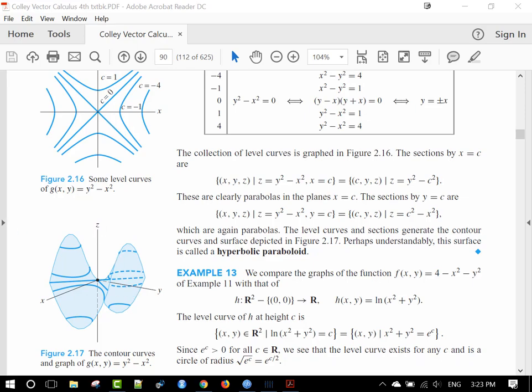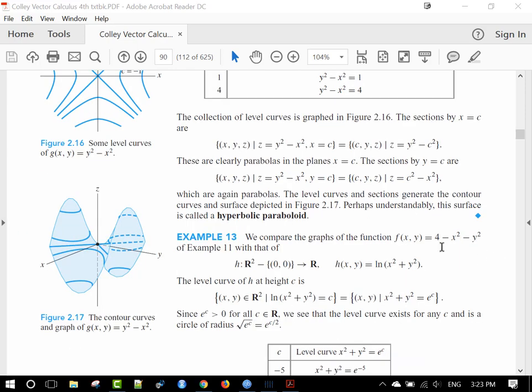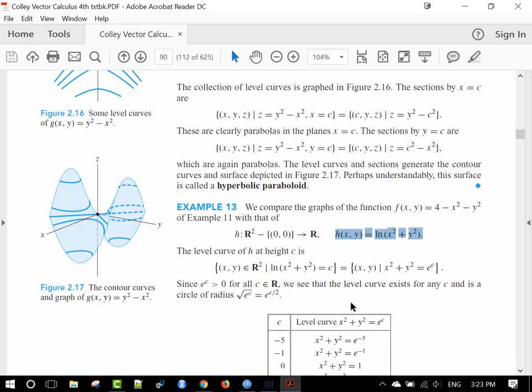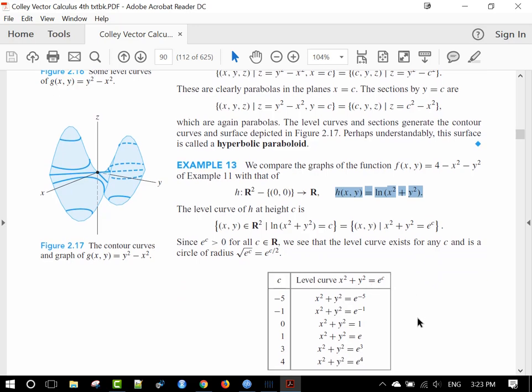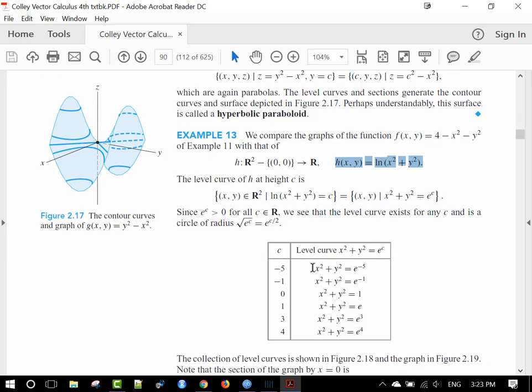Then they do another example. They say, how about this one? Or sorry, this one. So what does this look like? So the level curves look like this. They get these are the level curves. So somehow E comes in there, but it's E to the C. So then you can ask, what are the graphs of this and this and this in R2?